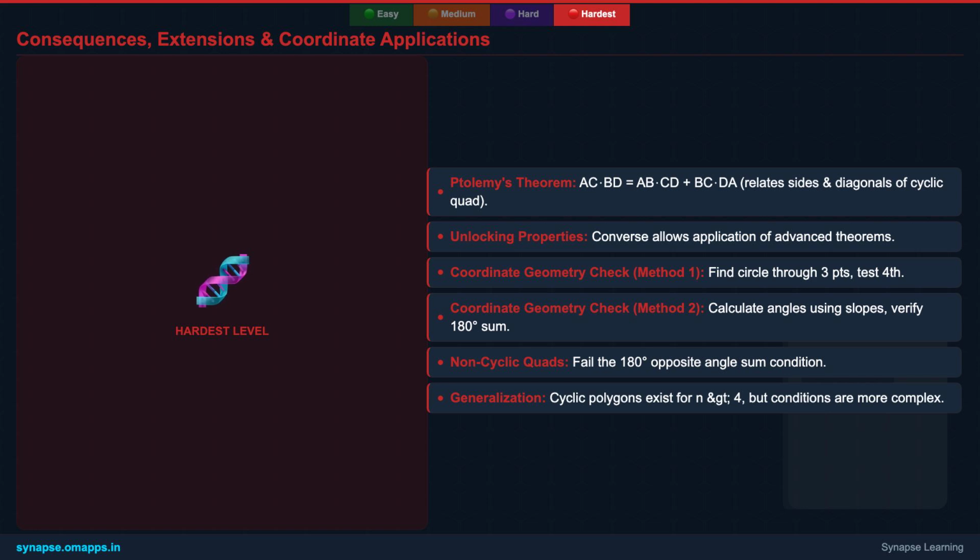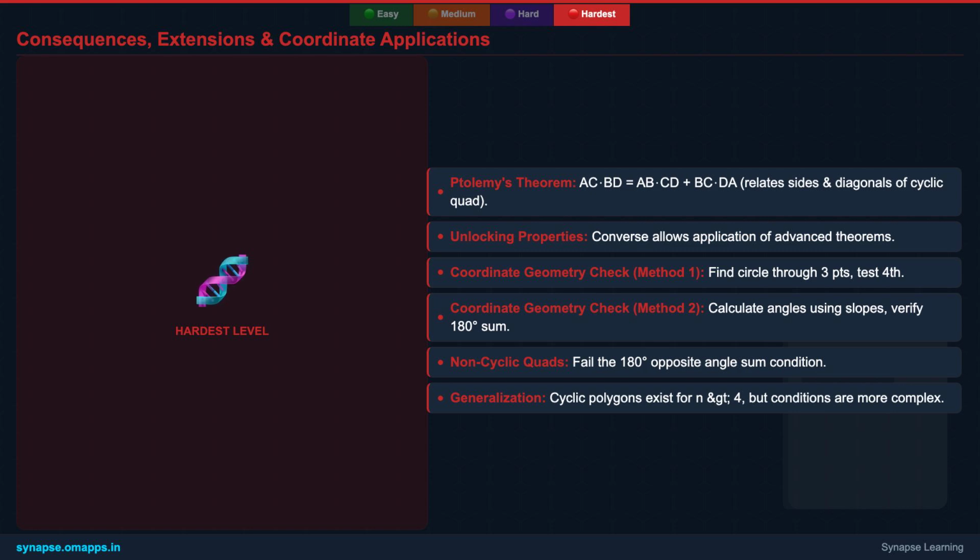Furthermore, this theorem finds practical utility in coordinate geometry. Given 4 points, we can use their coordinates to calculate angles or to find the equation of a circle passing through 3 points and then check if the 4th point lies on it. This allows us to numerically verify if a given set of points forms a cyclic quadrilateral.